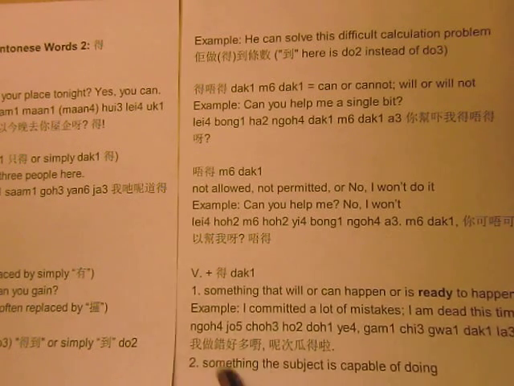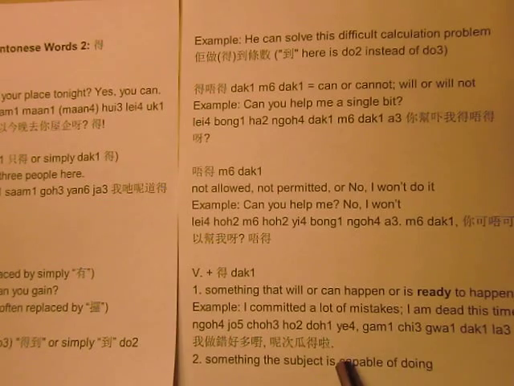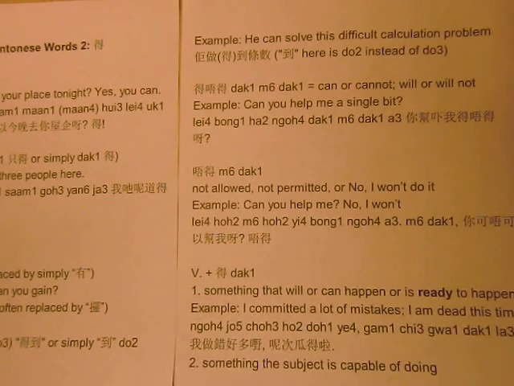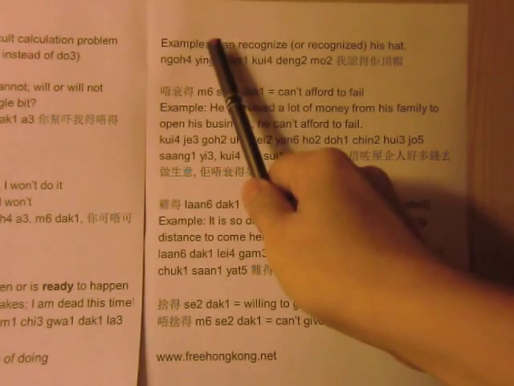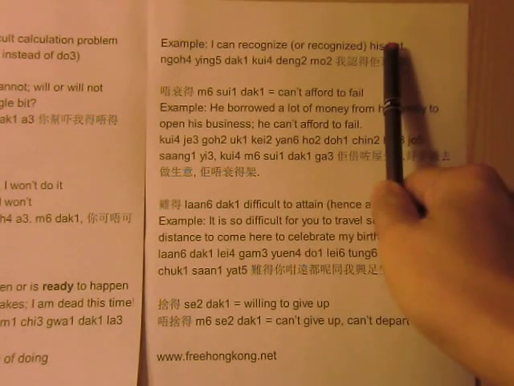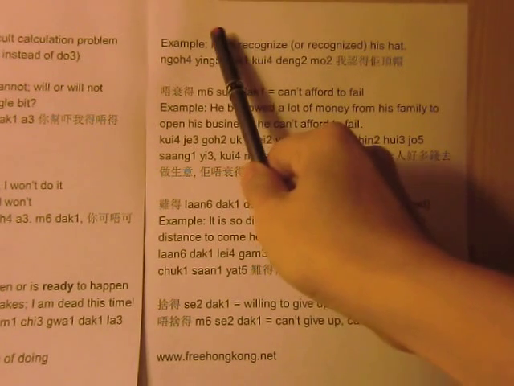And the second meaning, sometimes, is that the subject is capable of doing something. Remember, 得 means either achievable or capable or reachable. So for example, I can recognize his hat.